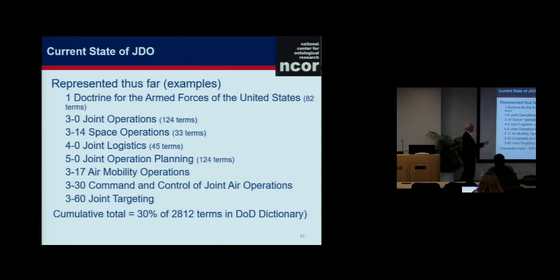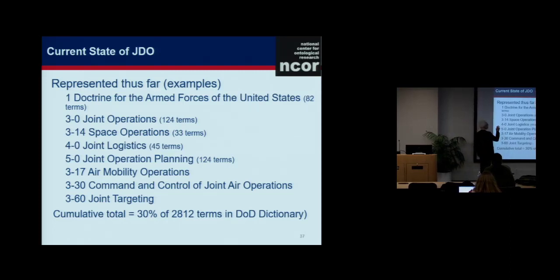So each doctrine term is introduced in some doctrine pub. Some of the terms are introduced already in publication number 1, but some of them are introduced in publications lower down. We have ingested terms from nearly all the joint pubs lower down into the Joint Doctrine Ontology.